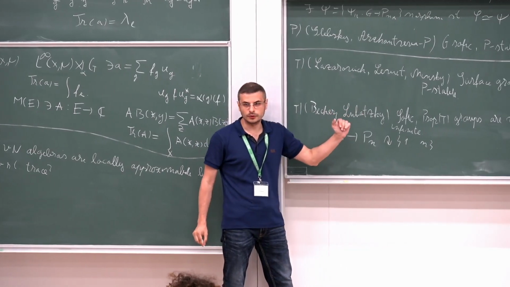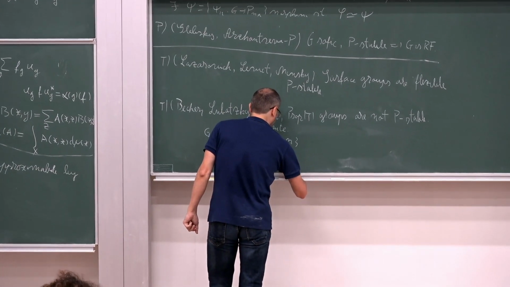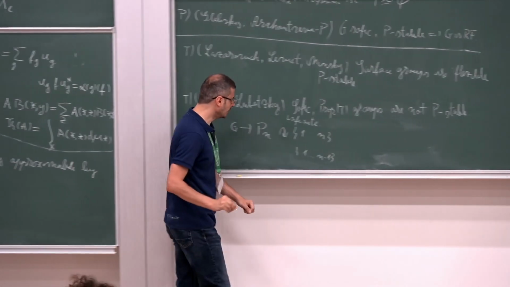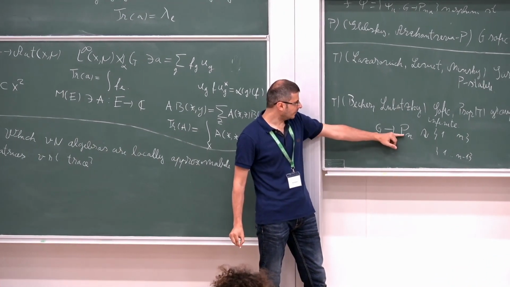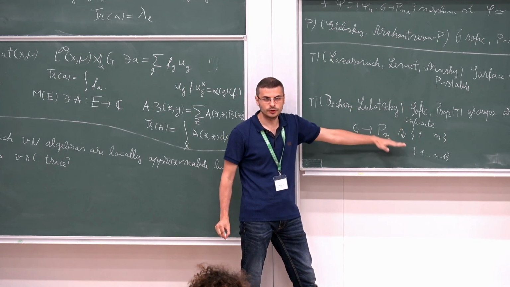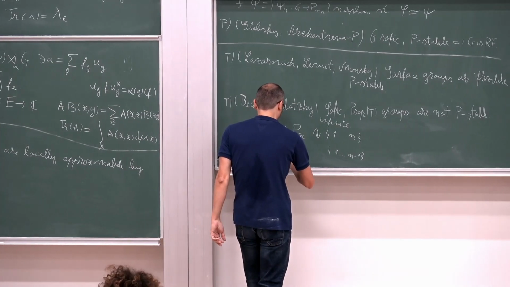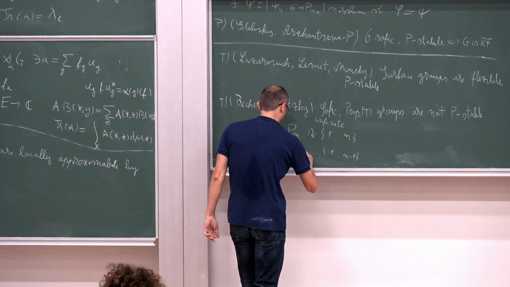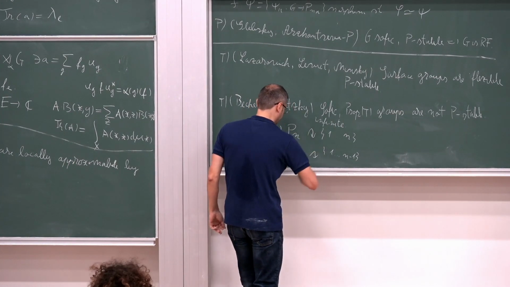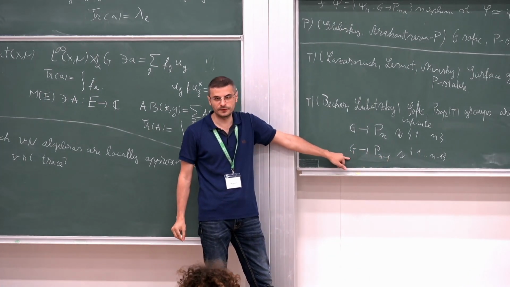So take out one of these n elements, so you remain with only n minus 1 points, and everything that comes from this action and can be projected here, you project. So you get a map, and this time it's just a map, not a morphism, from G to P_{n-1}. This will be an almost morphism.